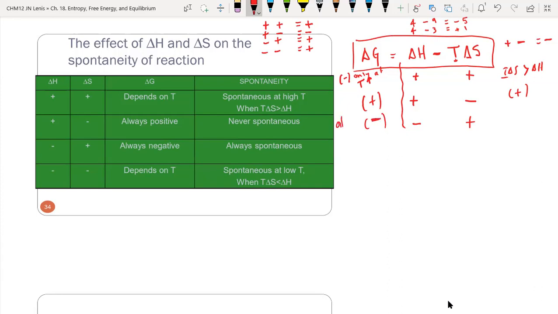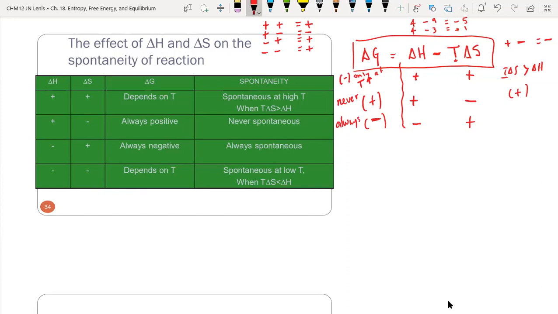Always spontaneous. This one, never spontaneous. This one, always spontaneous. Yes, because nature loves exothermic and loves to have more disorder.